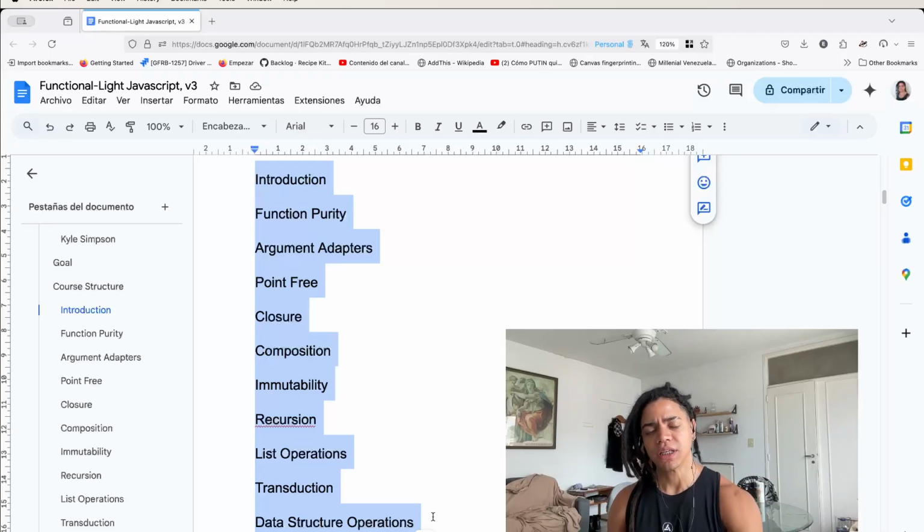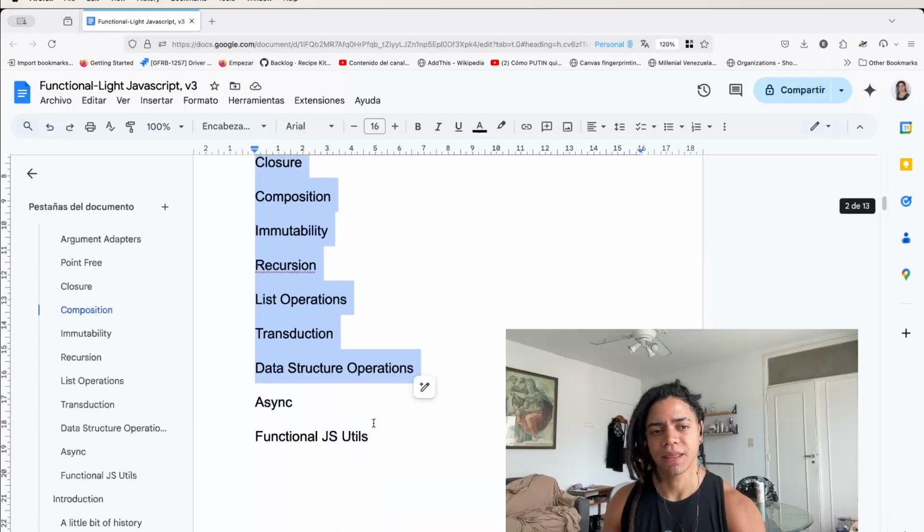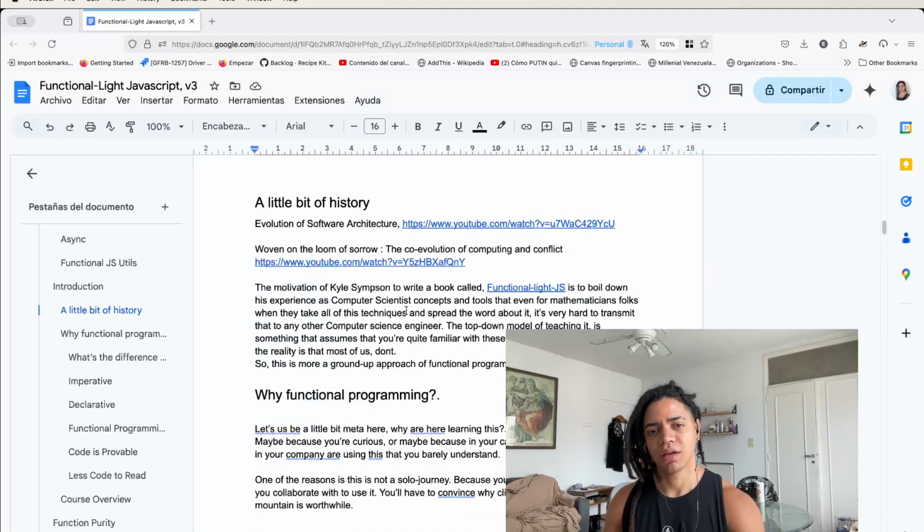Why this is important, especially if you're going to write any JavaScript application, whether on the front end or on the back end, is that you want at some point a consistent way to make your code, as I mentioned before, less error prone and provable.